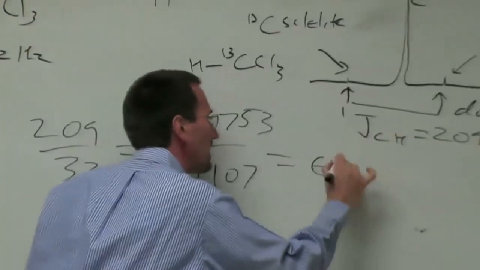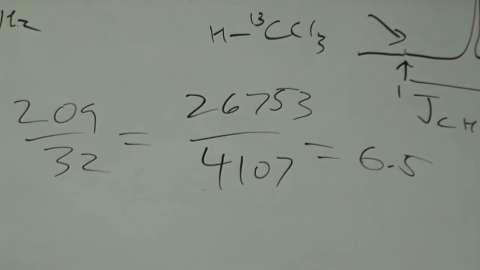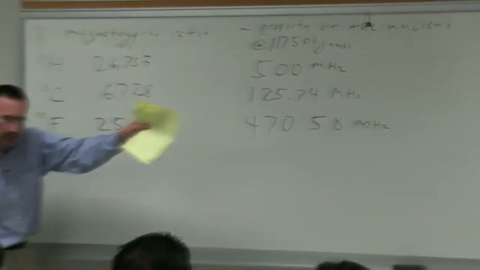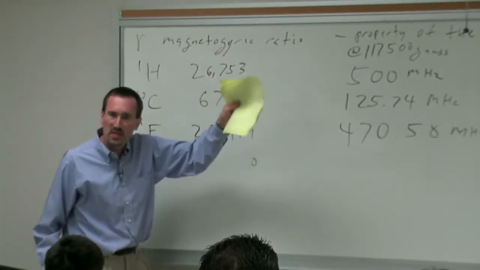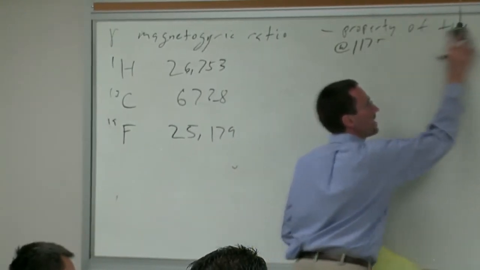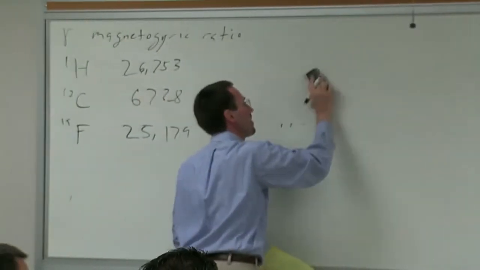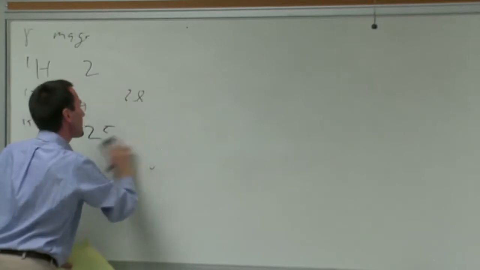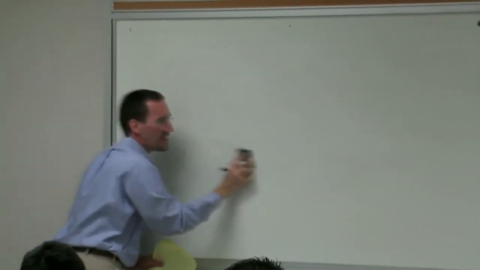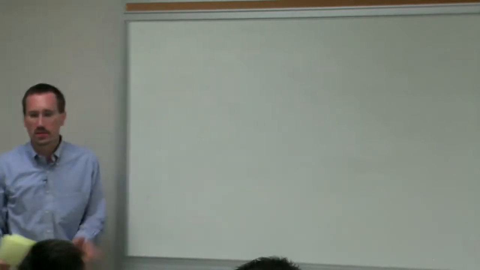In other words, the magnetogyric ratio is 6.5 times bigger for a proton than for a deuteron, and we see that directly in the J coupling. The effect of the magnet that the deuterium has in splitting the carbon is 1/6.5 the effect that the carbon has in splitting a proton, because coupling is mutual.